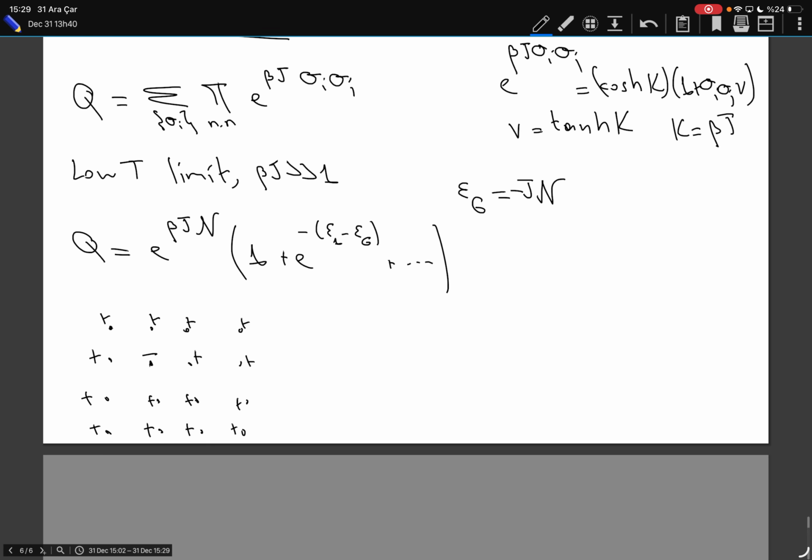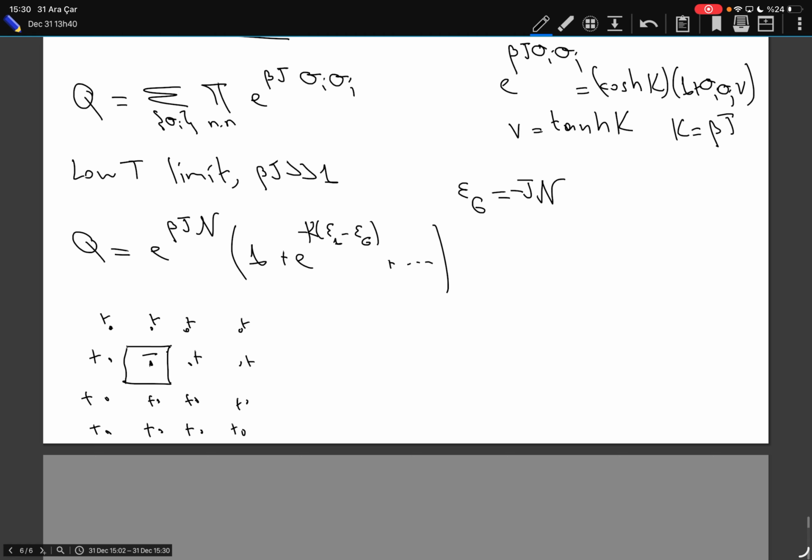So let's see, what is the energy of this system relative to the ground state? Well, when I am summing over all nearest neighbor interactions, there is a nearest neighbor interaction here, another nearest neighbor interaction crossing that line, another here, another here.